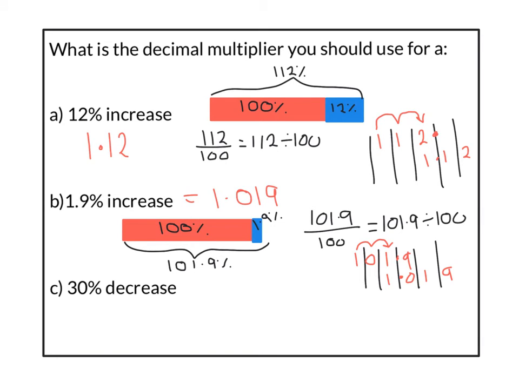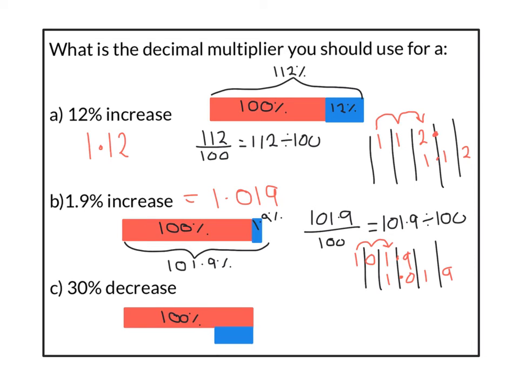Lastly, we've got the 30% decrease. So again, let's start off with my bar. So this bar is 100%. But I want a 30% decrease. So what I'm going to do is put a bar underneath just to show that this is a 30% and we're taking it away from the top bar.